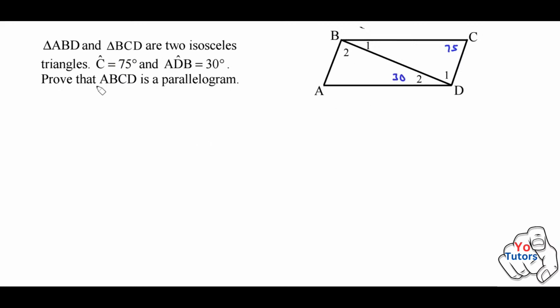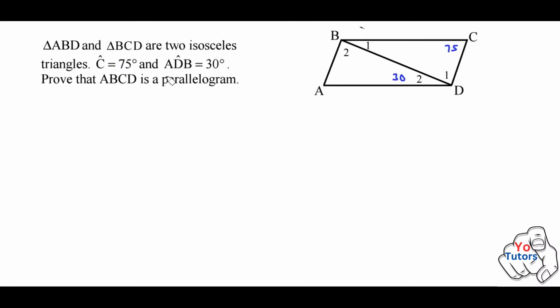Prove that ABCD is a parallelogram. Now, remember, here you are proving that ABCD is a parallelogram. That's what you are dealing with here. But how are you going to do that? We will need things that support what we want. For it to support what we want here, we need to have one of the properties of a parallelogram.